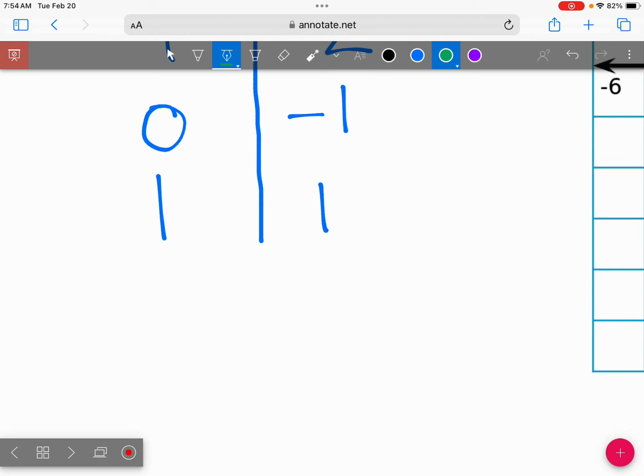Our last piece I want to write down before we plot stuff is we are always, always, always going to have our asymptote at y equals k. So our y equals -3. Before I plot my points, I want to draw in that asymptote. So I'm going to make my whole table, write down my asymptote, and then graph stuff.